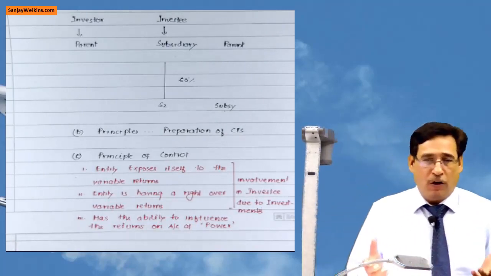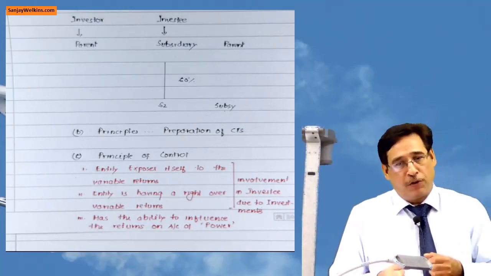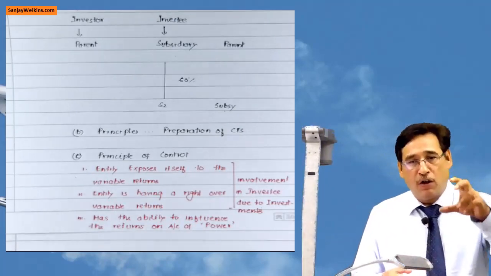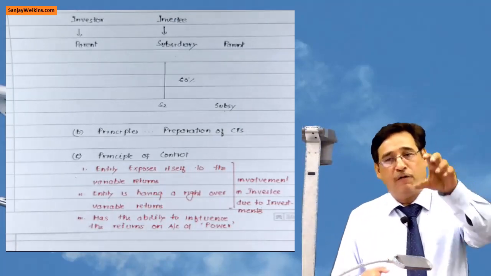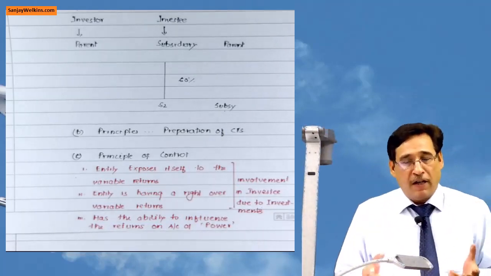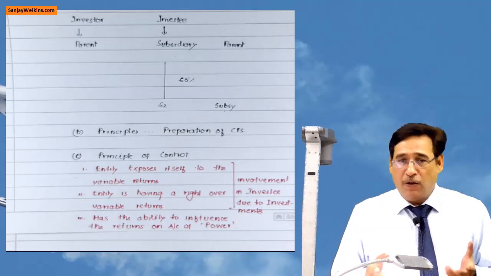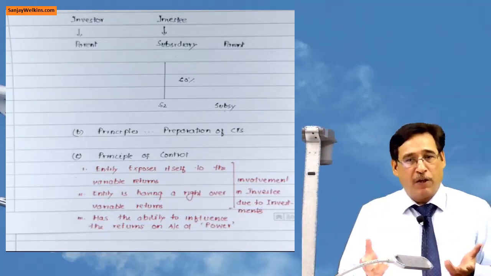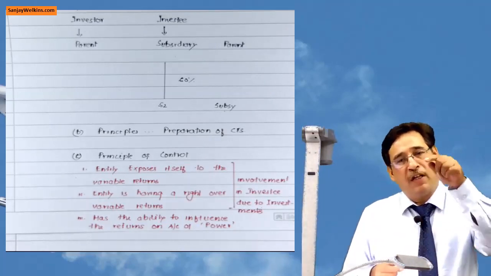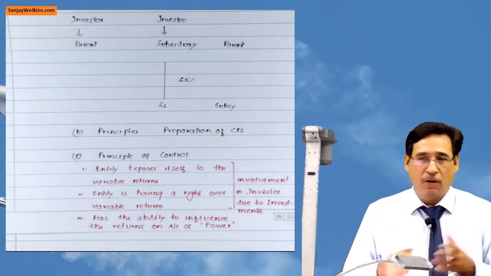It can happen only when you are in a position to dictate the terms, when you are in control of all the relevant activities of that particular entity. But the problem is that it is not so easy. When we invest in a particular company, do we acquire the power enough to influence the activity of that company?